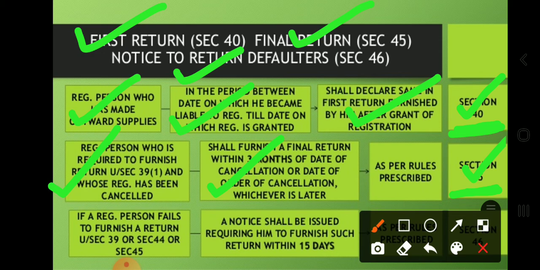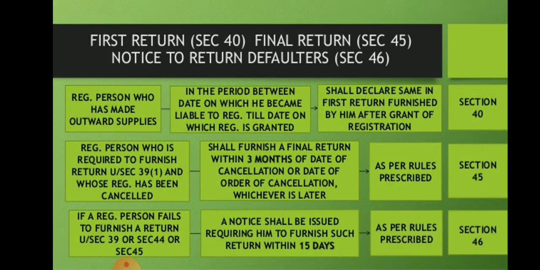Next, we have notice to return defaulters under section 46. If a registered person fails to furnish a return under section 39 or section 44 or section 45, a notice shall be issued requiring him to furnish such return within 15 days. So this is covered under section 46. So these are different types of return under GST. Thank you.